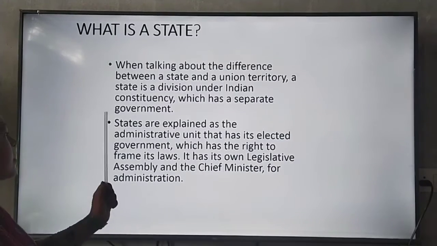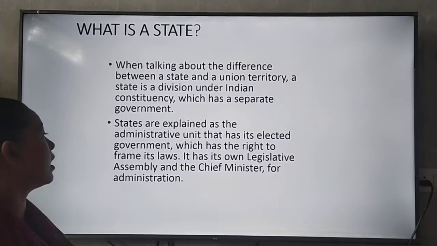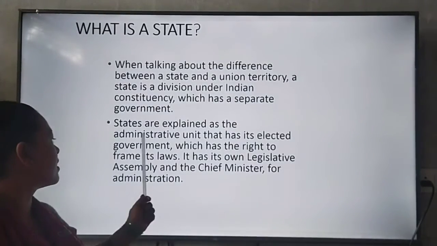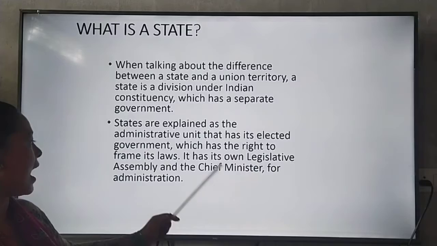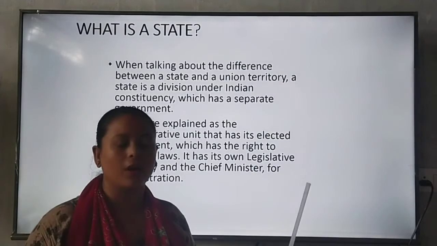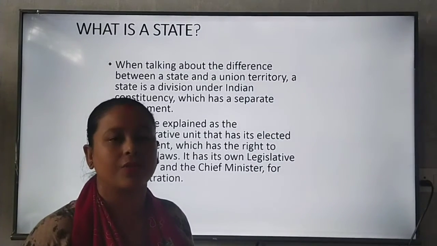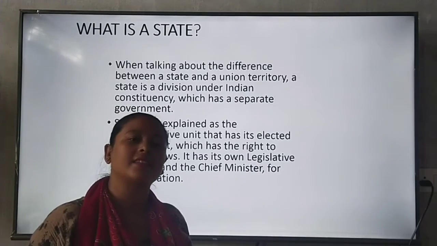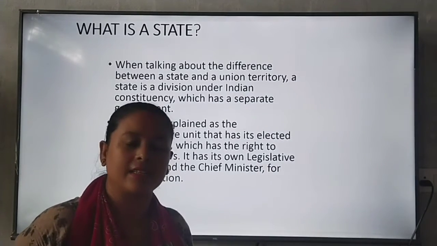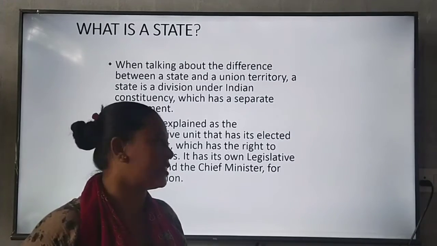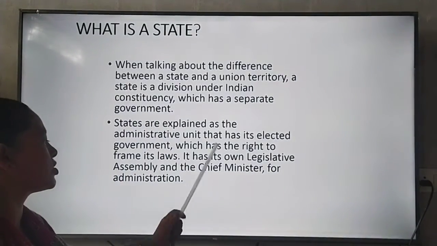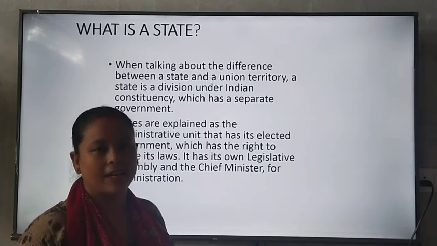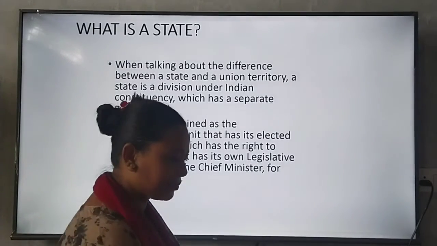So state government has a right to frame its own law, and state has its own legislative assembly and the chief minister to run the administration.